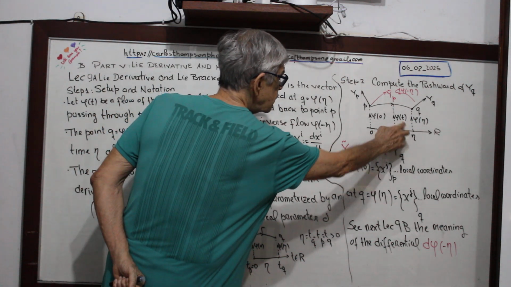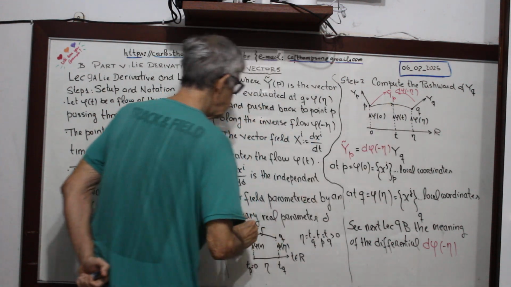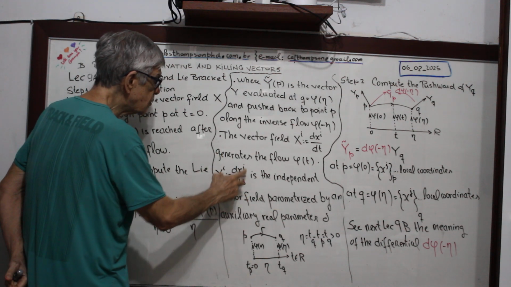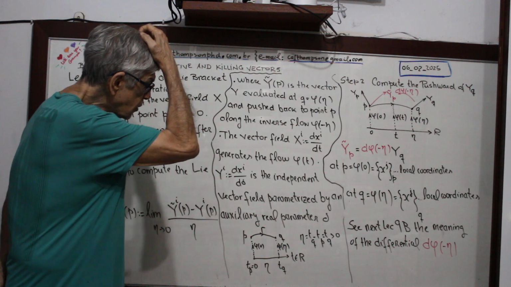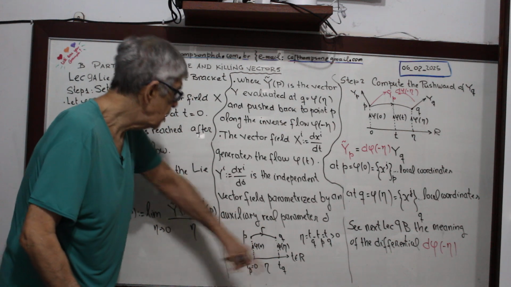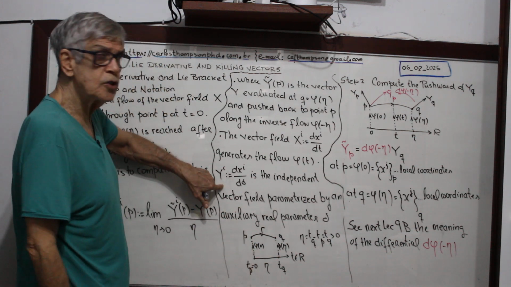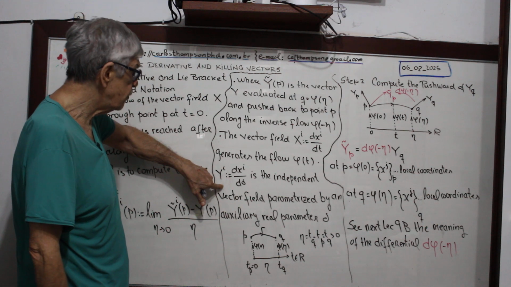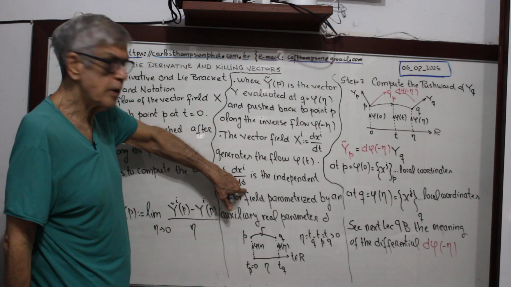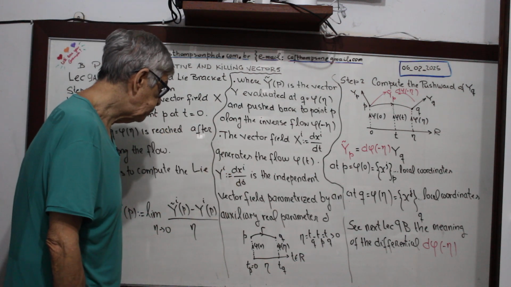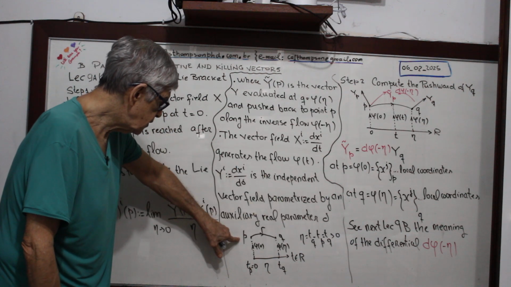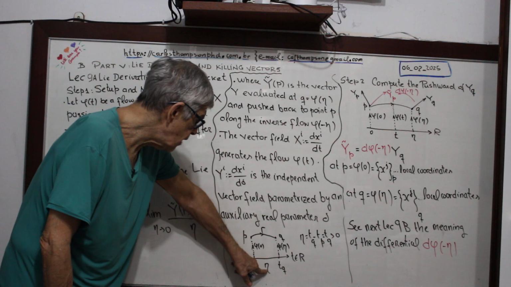On the other hand, Y^i is dx^i by d delta, where delta is another parameter, analogous to the parameter t, just for a tangent vector down the curve. Delta is an auxiliary real parameter. So this is P, that's Q, that's eta.